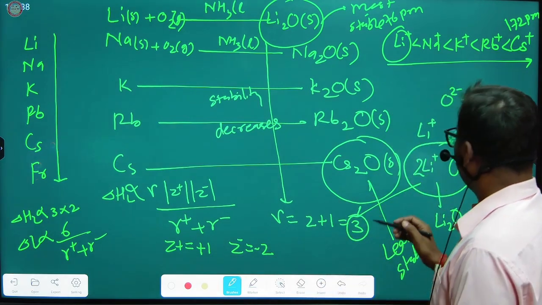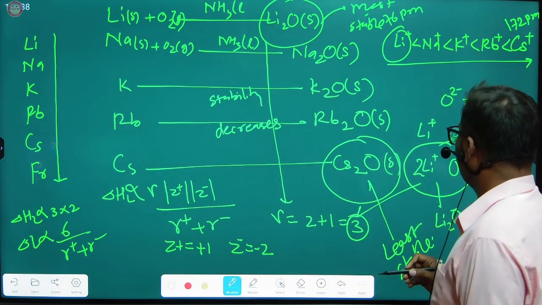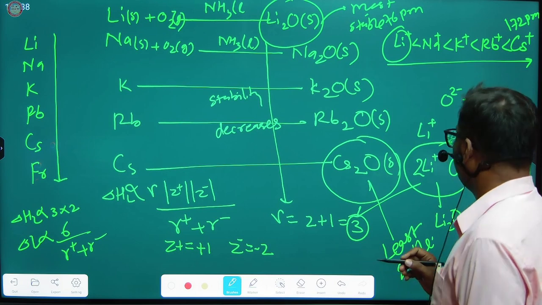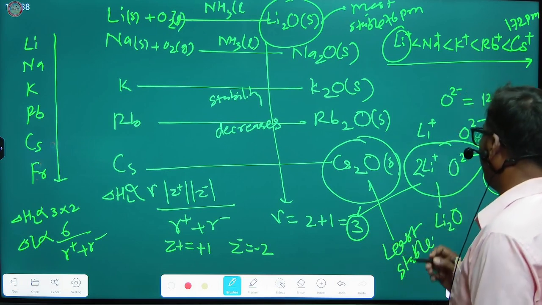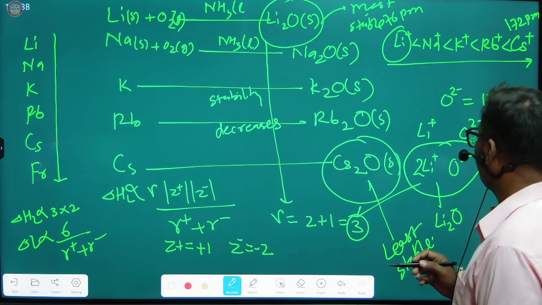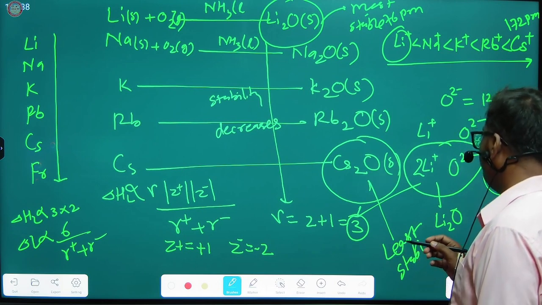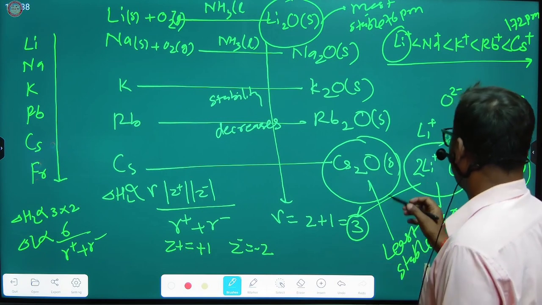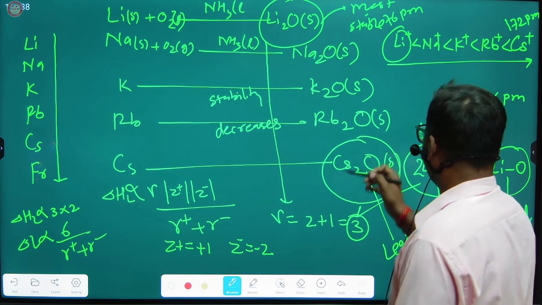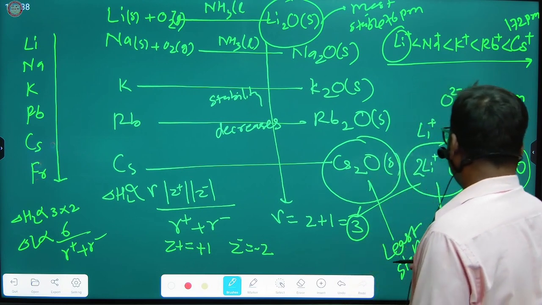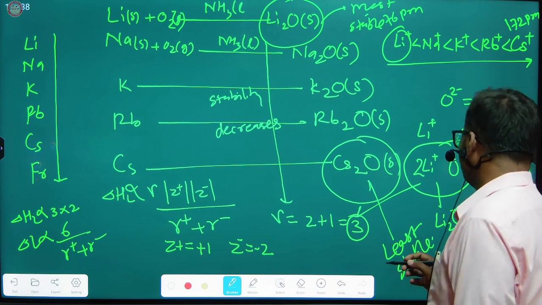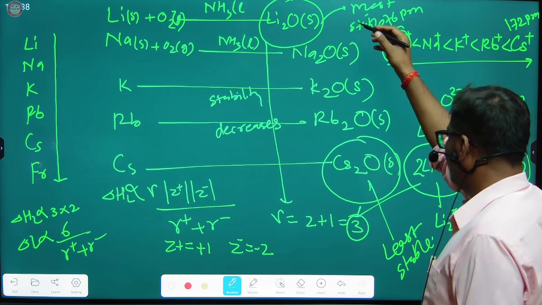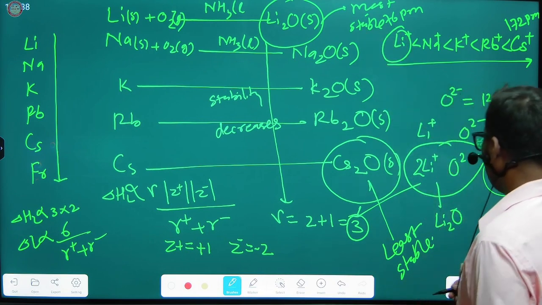But the cesium cation does not stabilize the oxide ion because of its large size, and in the lattice structure, such compounds do not exist, so they are not found in chemistry. So the monoxide formation actually decreases in the group.